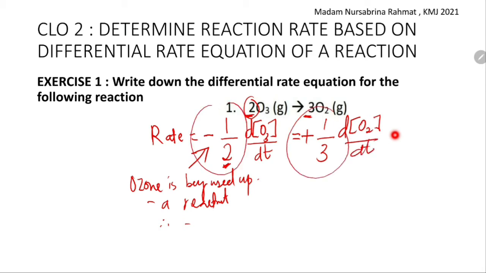Without this stoichiometric coefficient, you cannot relate these two different compounds. It is very important to know this relationship because later on we can calculate, for example, the rate of formation of oxygen based on the given value of the disappearance rate of ozone. That's why we need to know how to write down the differential rate equation.